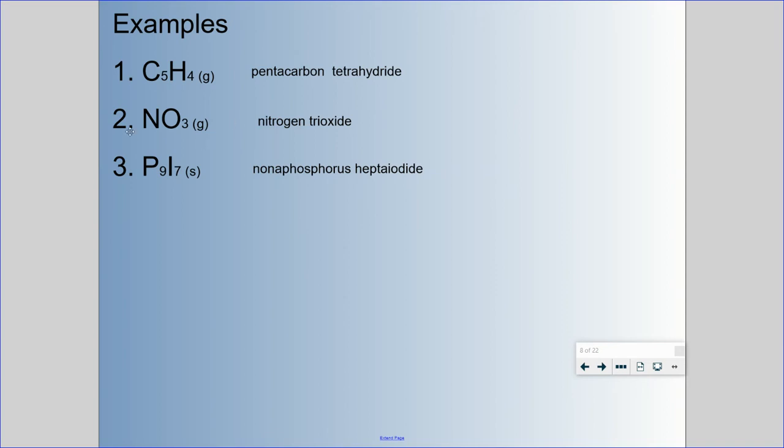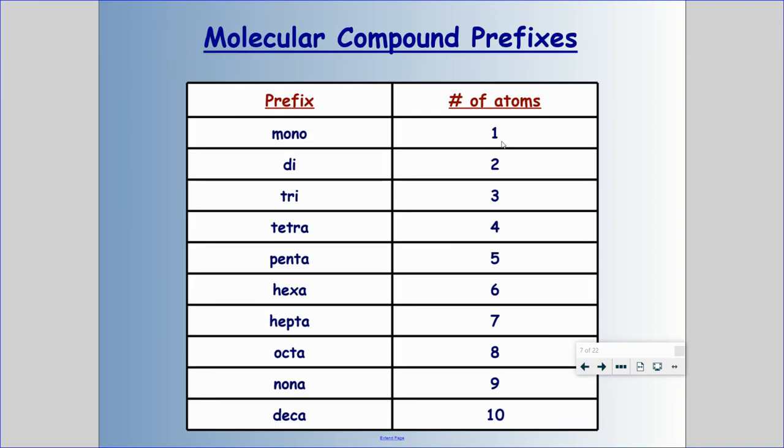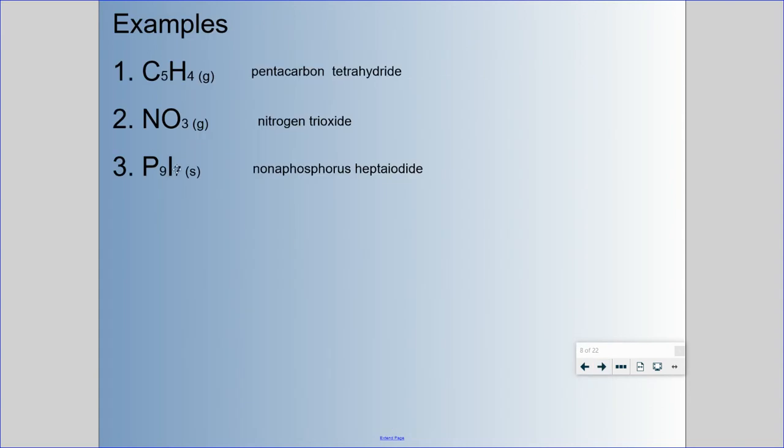So let's take a look here. NO3. Looking at nitrogen first, noticing there is no number beside it. Since there is no number beside the first element, we do not need to use mono. Okay? If there is only one of the first element, we leave it as is and just call it by its element name, which is nitrogen.